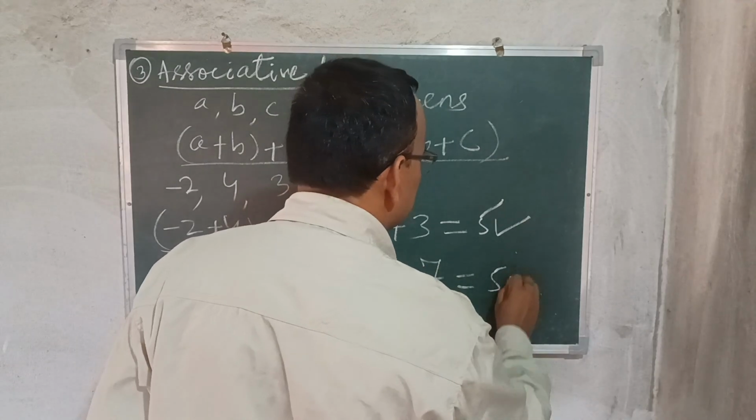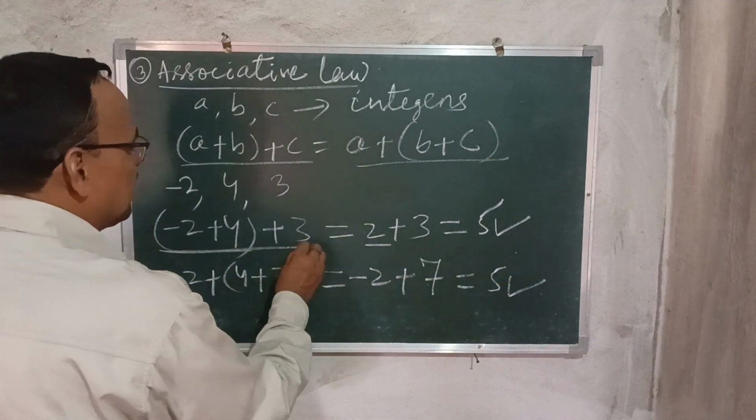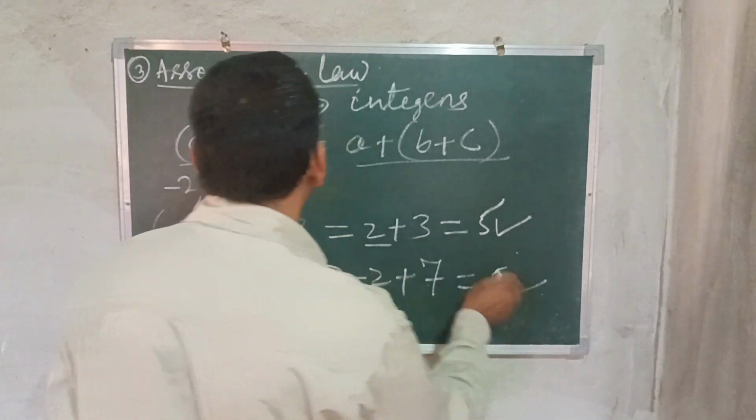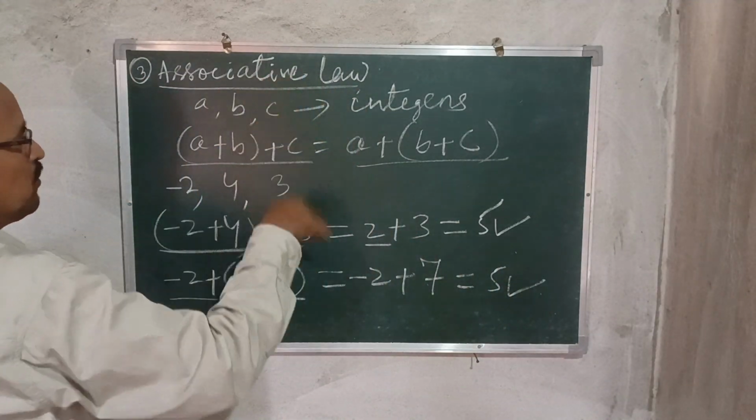So here this is 5. Left hand side value is 5, right hand side value is also 5. So the associative law is proved.